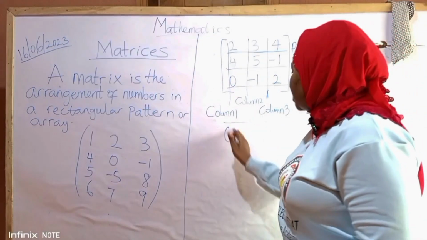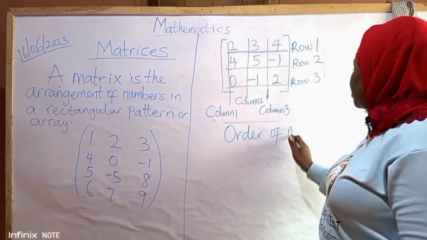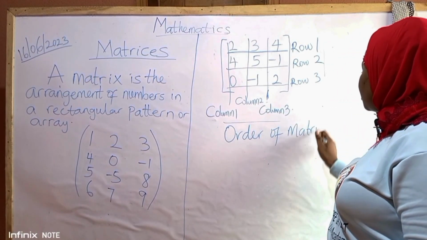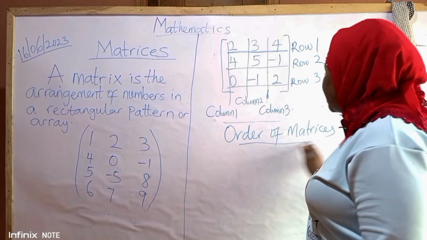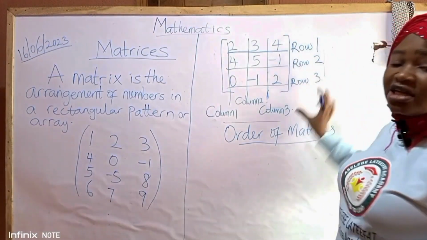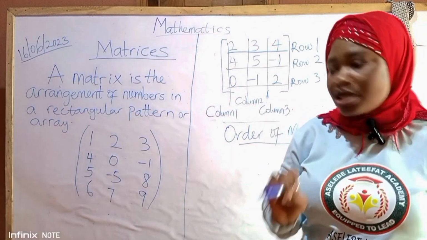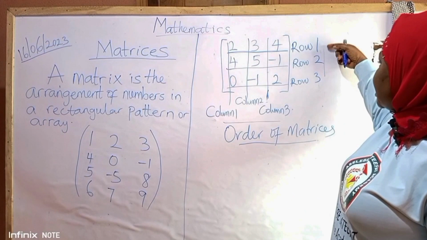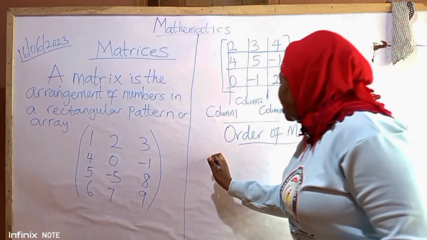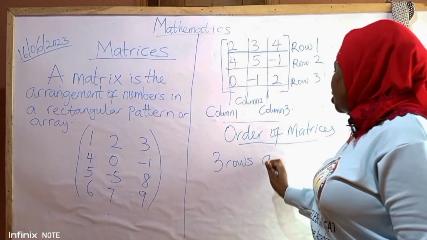Now let's go to the order of matrices. The order of a matrix is the number of rows and number of columns that a particular matrix has. So here you can see that it has 3 rows, and how many columns?